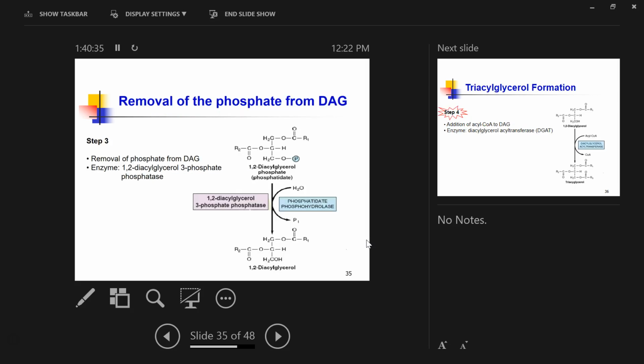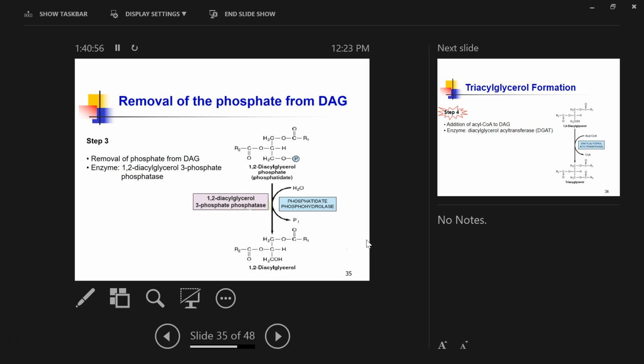So the next step, before you add the third fatty acid to the SN3 position, you need to remove the phosphate first. Removal of the phosphate from the diacylglycerophosphate generates diacylglycerol.